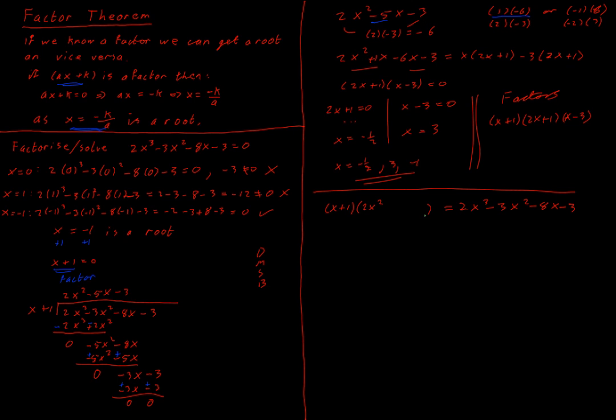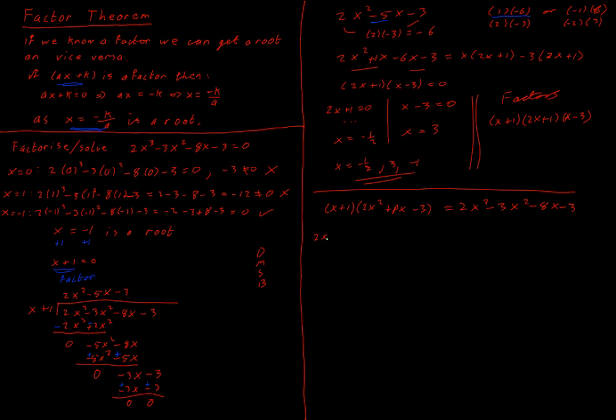The last two terms must multiply together in order to give the last term here. So 1 by what gives me minus 3? By minus 3. And there's some term I don't know in here that I'm going to call px. If I multiply this out and equate coefficients, I will get the value of p, which I already know is going to be minus 5 because I did the long division. This is an alternate method.